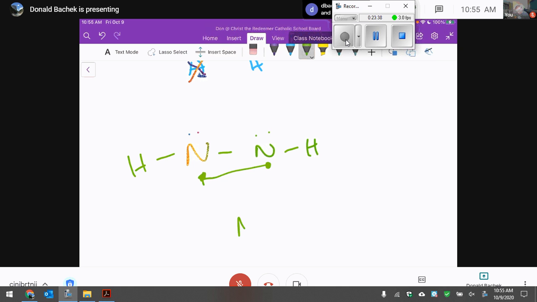So probably the best drawing would be something along this line here, and we want to put these down here like so. Okay. As far as the shape here, if you had to pick a shape, I don't like this one as much, but A, this would be X, this would be X, and then we have the E there. So that's probably AX2E. That'd be that trigonal planar bent one again. Okay. Any questions, anyone? All right.